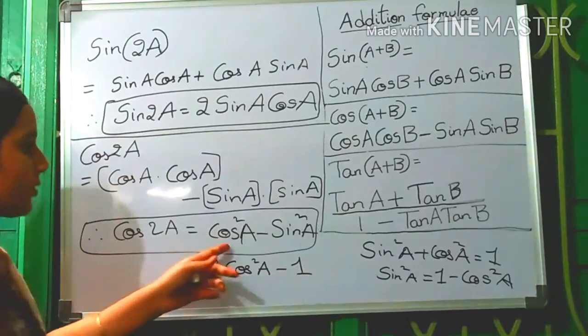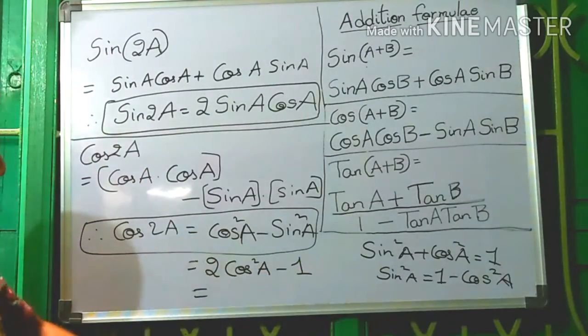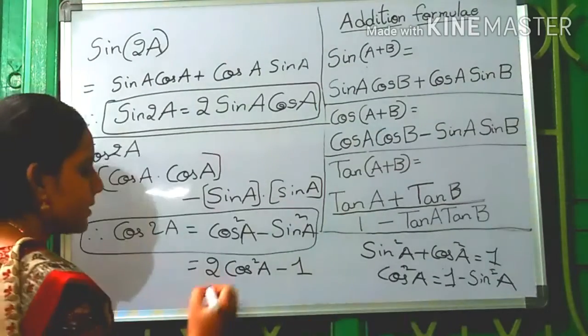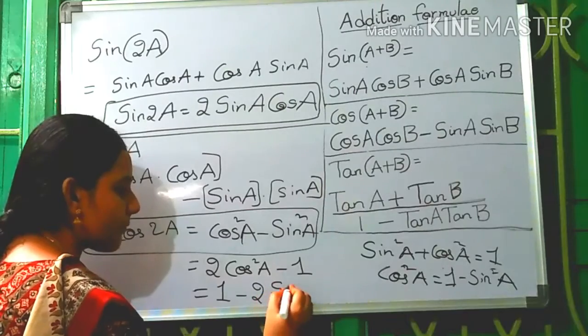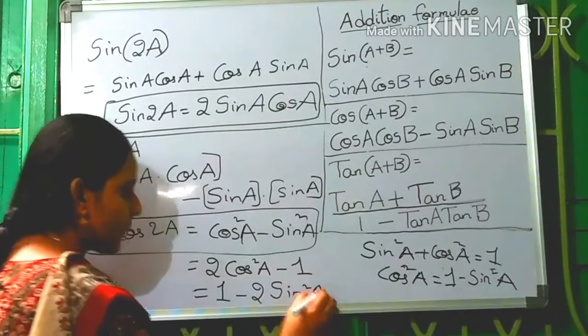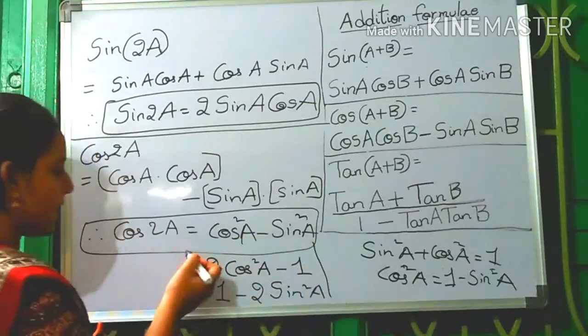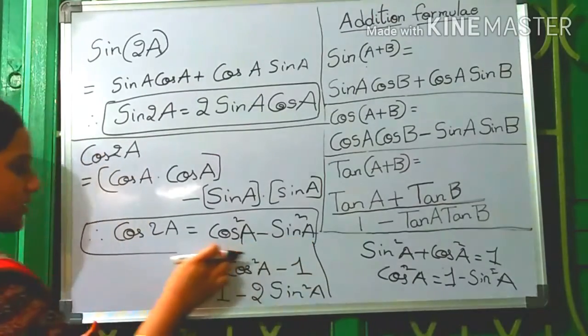Similarly, if we put in place of cos square A 1 minus sin square A, we get 1 minus 2 sin square A. Therefore, there are 3 formulae for cos 2A.